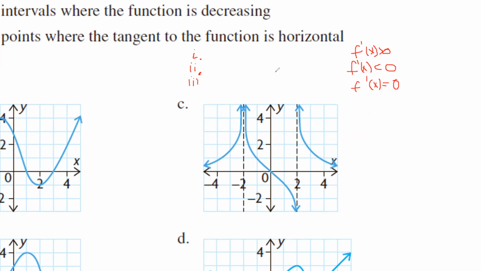Yep. So when it's increasing, it's negative infinity to -2. And it's also increasing at, oh, that's everything. That's it. And then for decreasing, it is -2 to 2, and then it's 2 to infinity for decreasing.